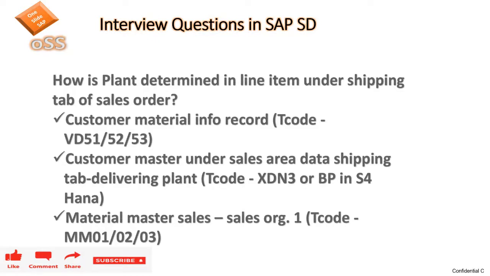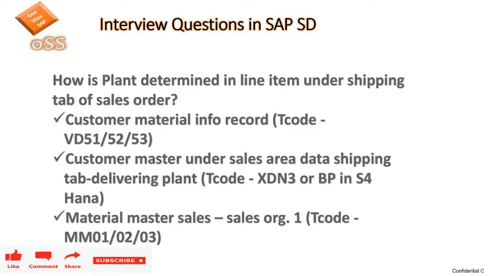Okay, so what answer should be provided for this? The answer should be customer material info record. First, the system will check the customer material info record, and the transaction codes for this are VD51, 52, 53. Second, it will check in the customer master under sales area data, shipping tab.